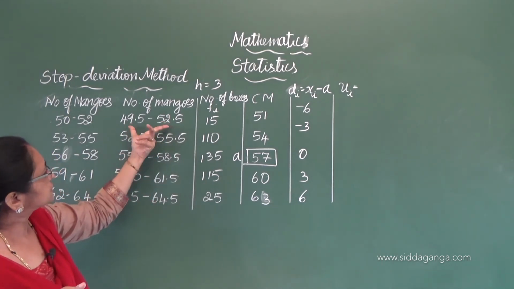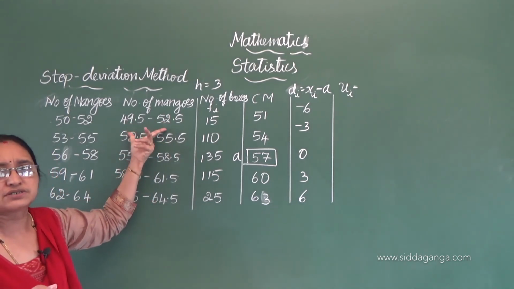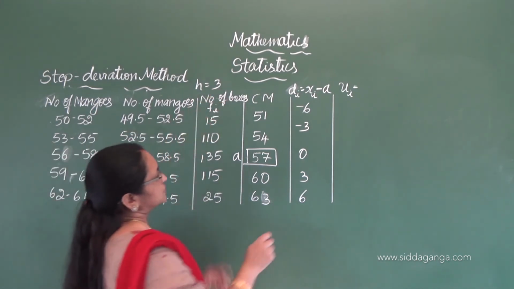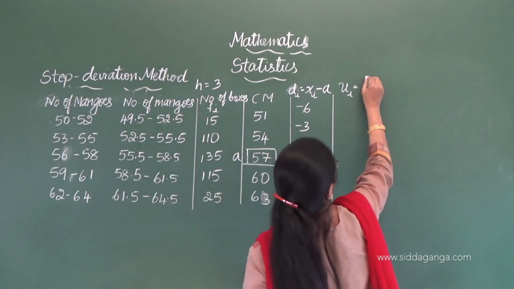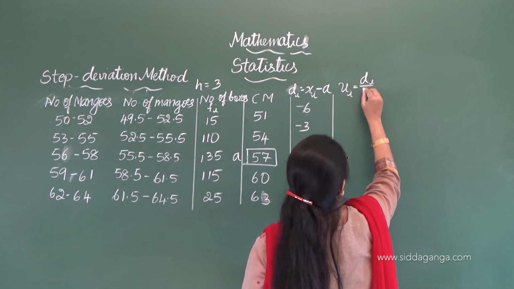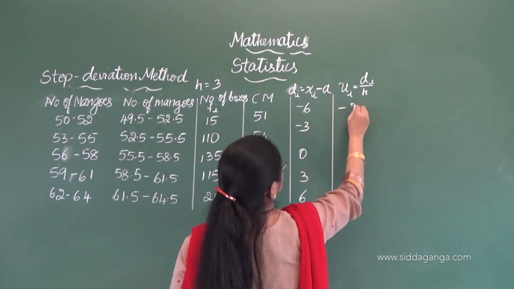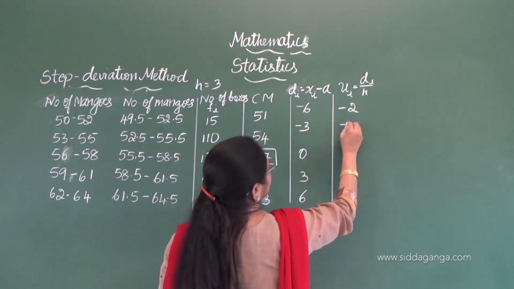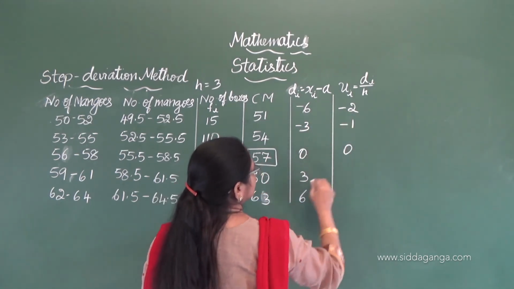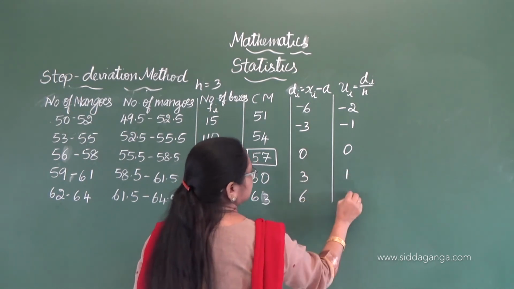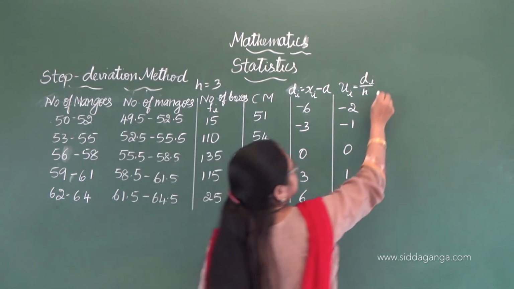So width is 3. So this divided by 3 means di by h: minus 2, minus 1, 0, 1, 2.